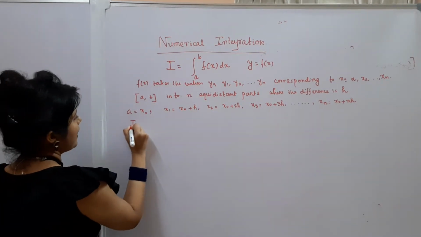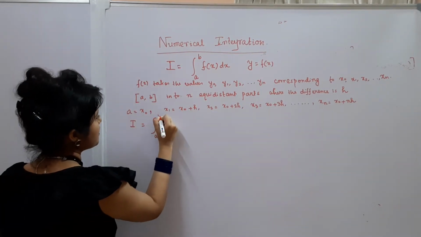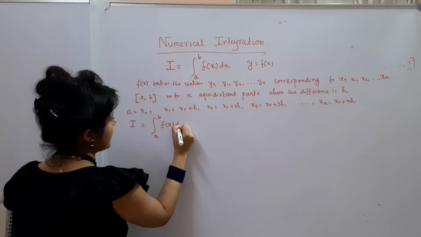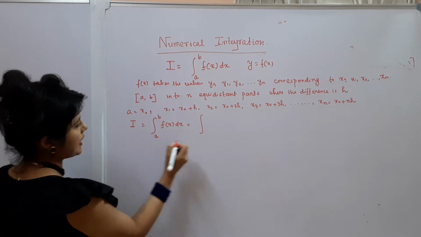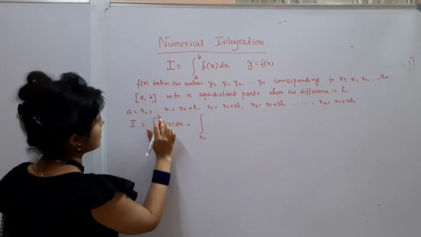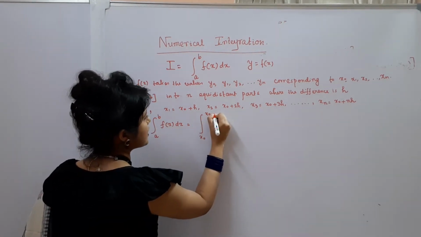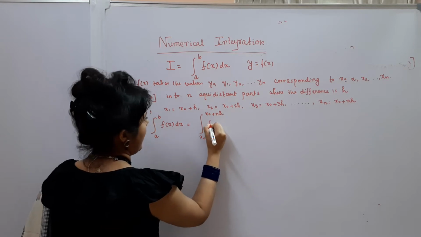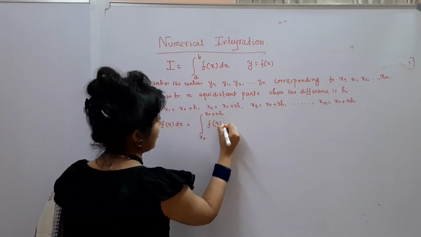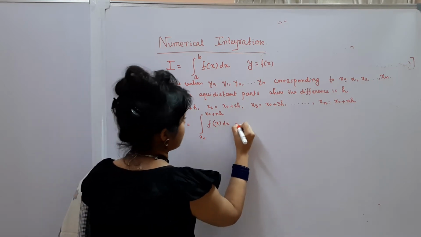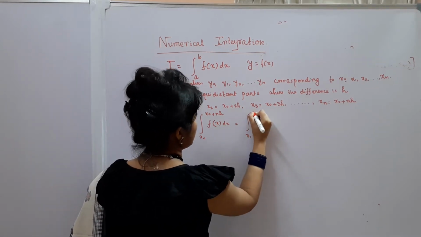So I is equal to integration a to b f of x dx. So you can replace a by x0 and you can replace b by x0 plus nh, and you can replace x in the next step, that is x0 and x0 plus nh.